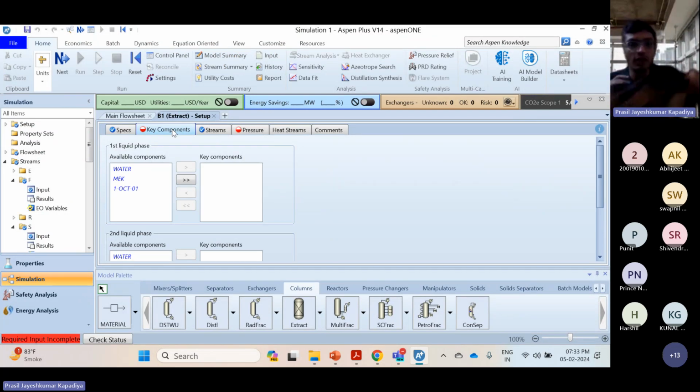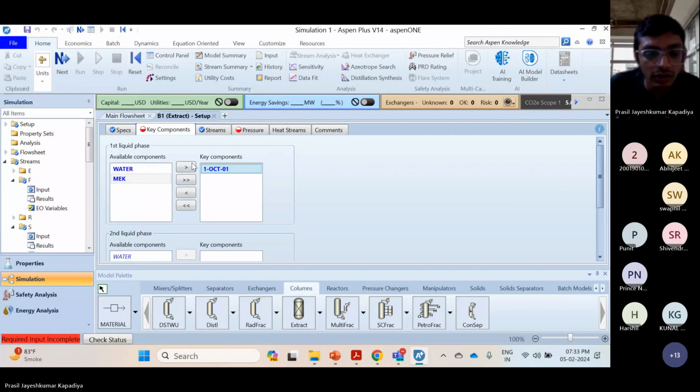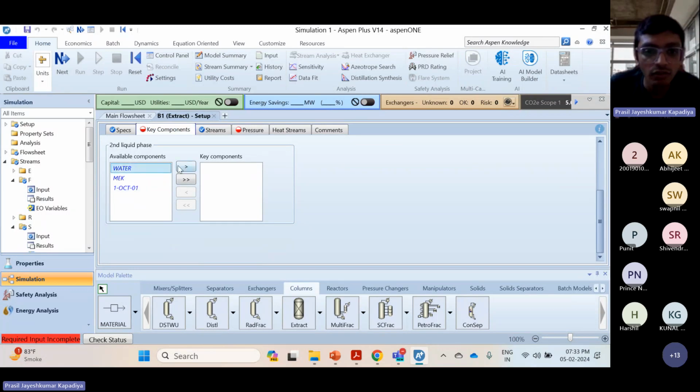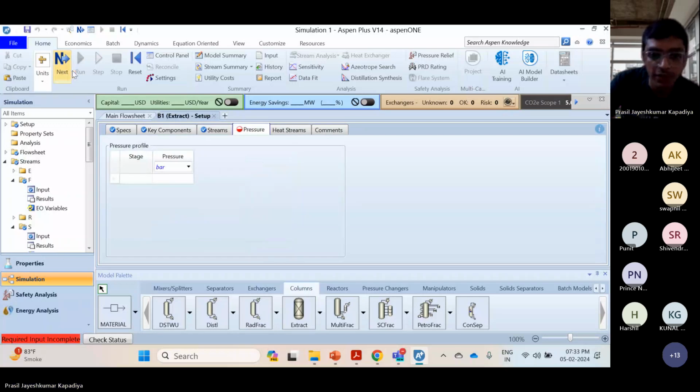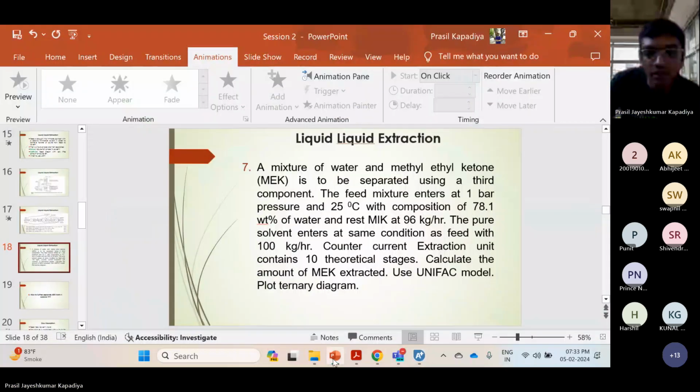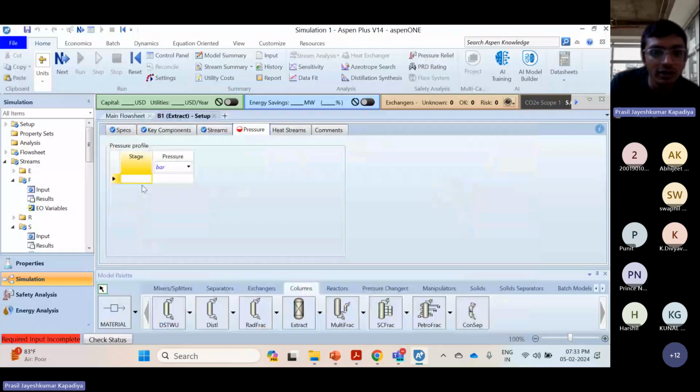Now, in one liquid phase, what should be in one liquid phase? One should be rich in octanol, and one should be rich in water. Correct? Octanol means solvent rich phase, and one means one water rich phase. Now let's go to next. Pressure. What is pressure? There is nothing told to us. So let's assume that pressure is 1 bar only.